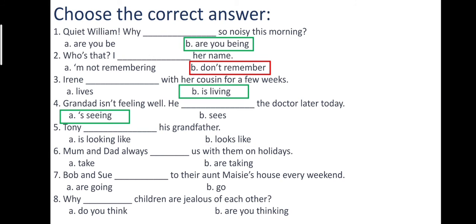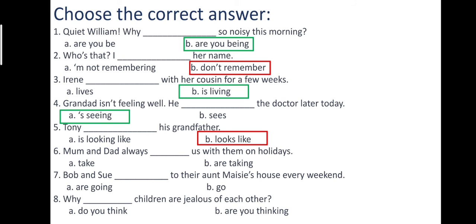Next we have Tony looks like his grandfather. I think Tony looks like, because look is a stative verb, and we can use the present simple here. Mom and dad always take us with them on holidays.